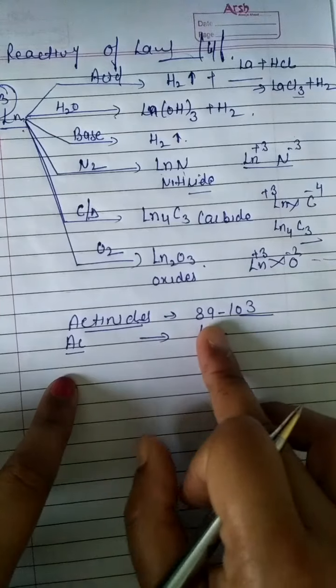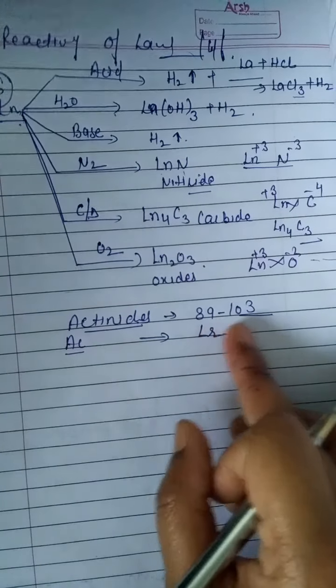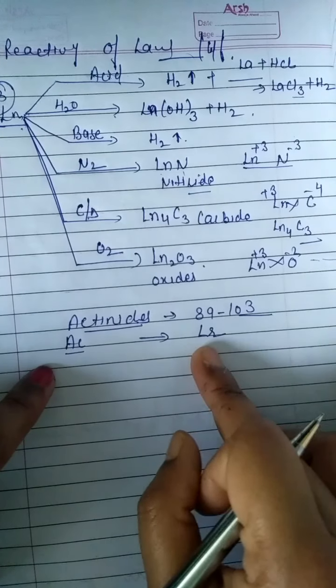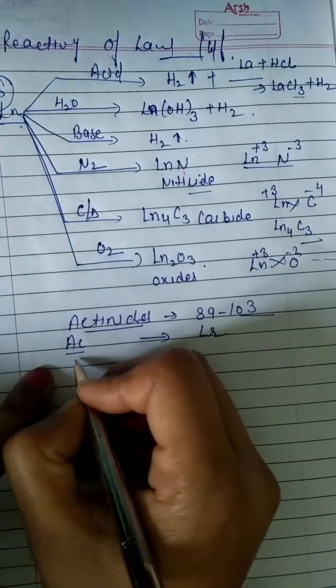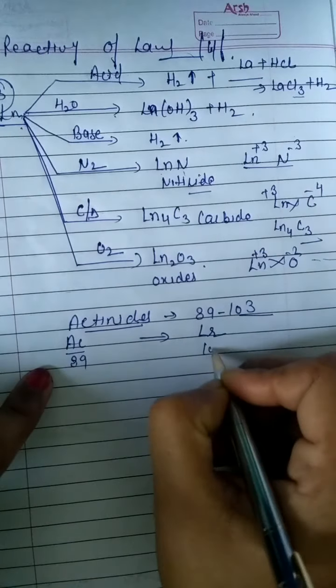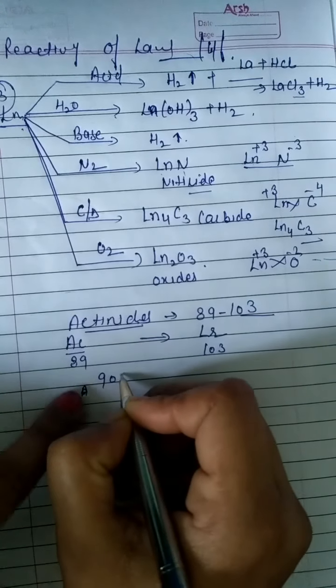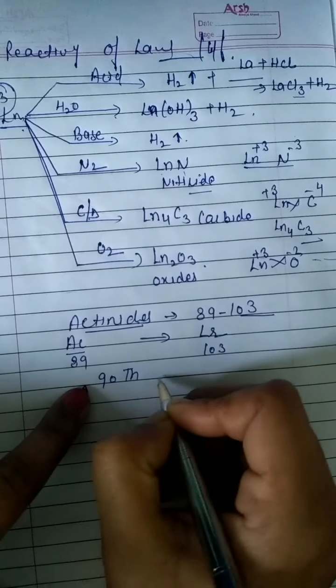In that case, the atomic number 90 is of thorium.